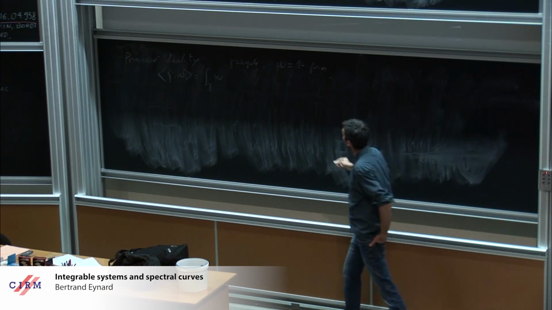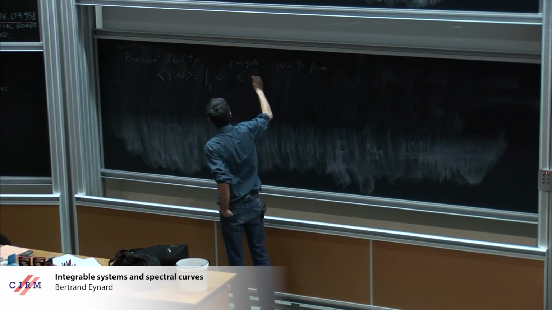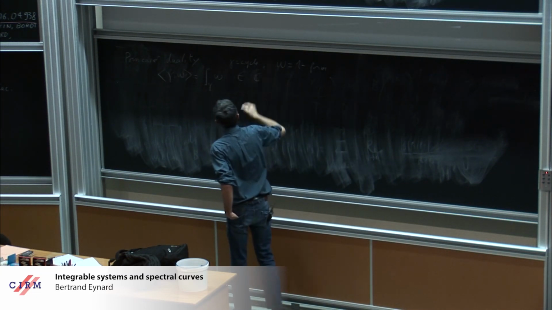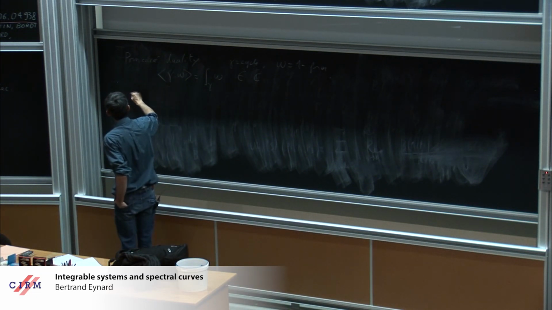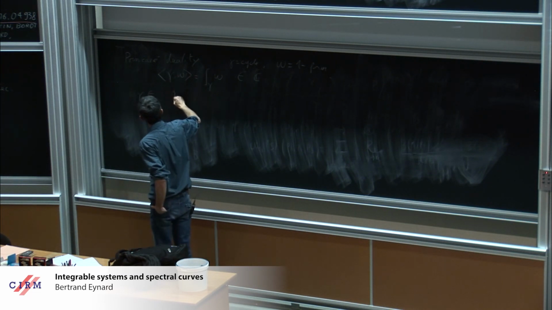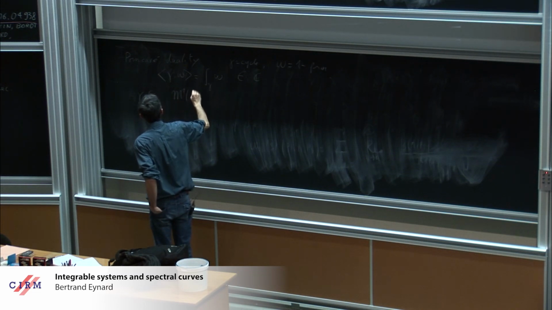So it's a complex number, so that defines the pairing. Which means that gamma can be thought of as an element of the dual of the space of one-forms.